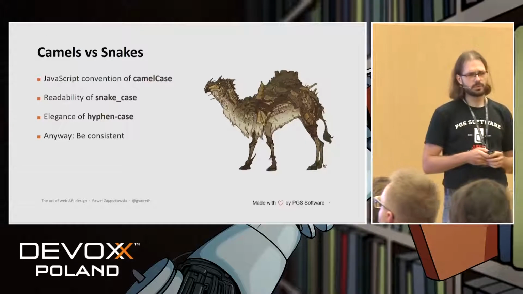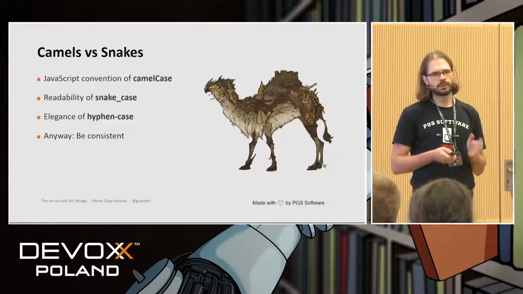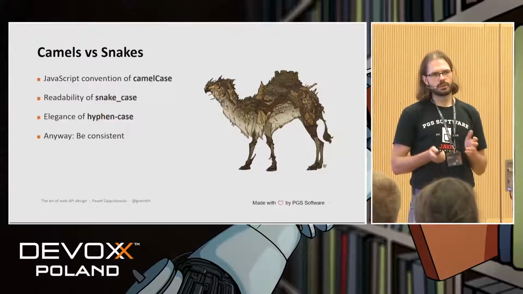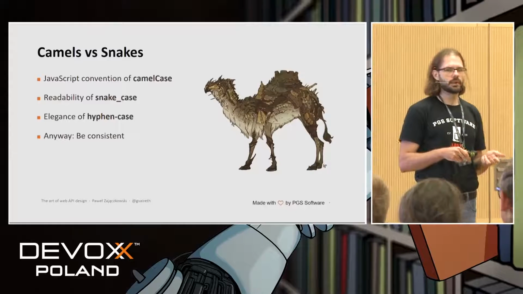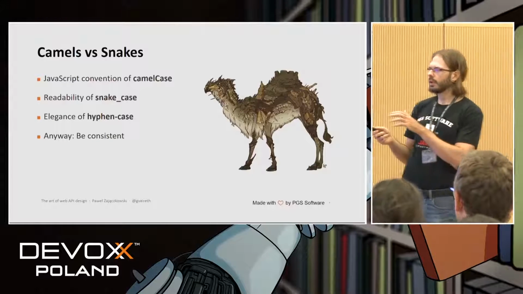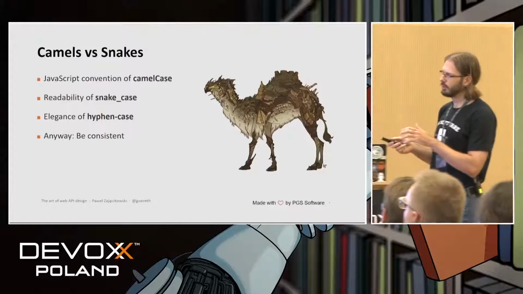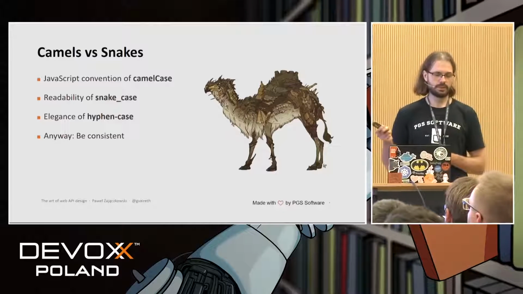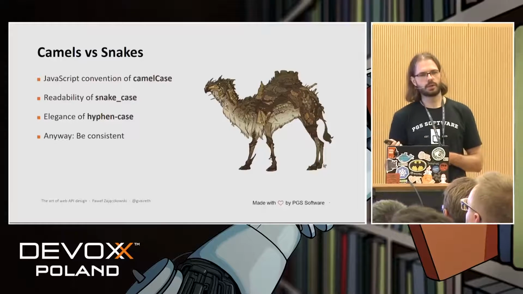Hyphen case, actually there's one problem with hyphen case, because if you run this through some automating frameworks that matches the name of property with the objects or the object itself, then you can run into the problem that there is a minus sign, basically, and that's an operator in programming language.